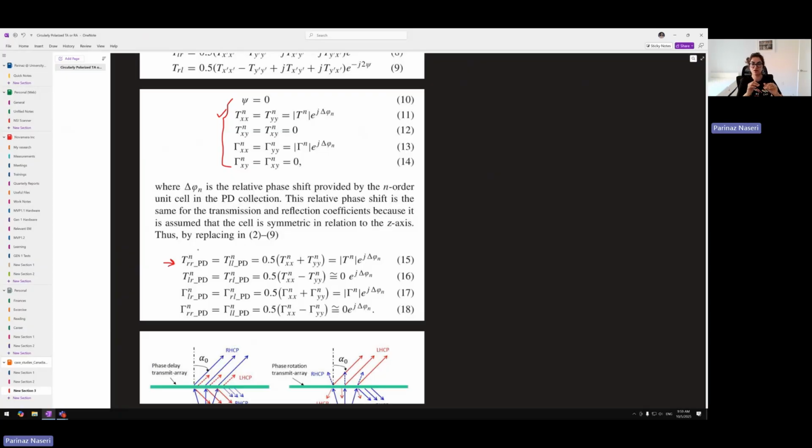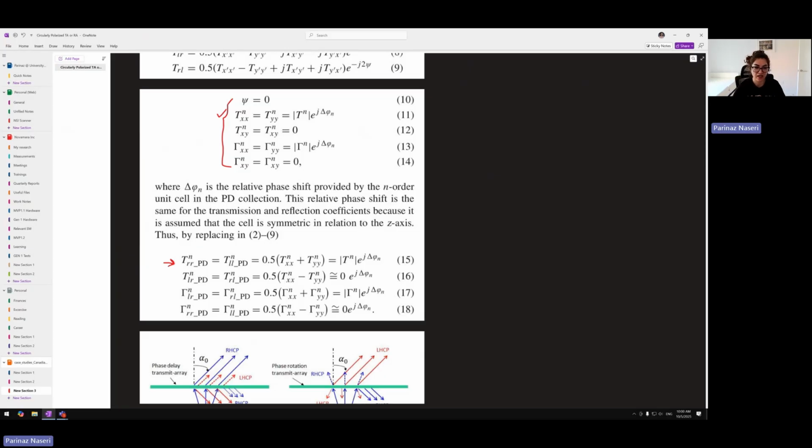Still, Tx and Ty are equal. They are equal to 1 for a transmit array, let's say, and there is no phase difference between them. But this neighboring unit cell is slightly bigger than the other one, so you have the phase delay from one unit cell to another.